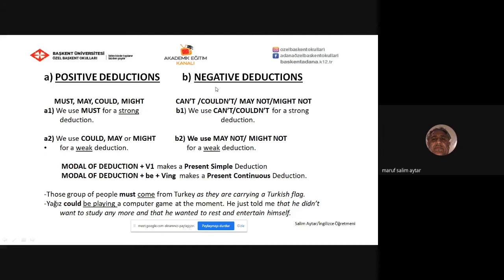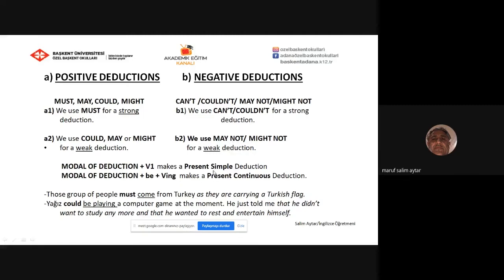And the same goes for negative deductions. When we want to make strong negative deductions, we use can't or couldn't. And when we want to make weak deductions, this time we use may not or might not.